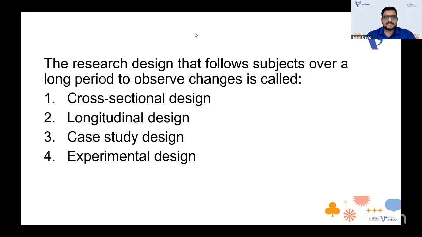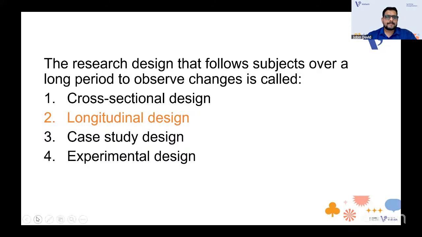So is it cross-sectional, or is it longitudinal, or is it case study, or is it experimental design? Yeah, the answer is longitudinal design because longitudinal design observes the changes for a long period of time. This is the research design. I told you longitudinal research is a different type. It follows the subjects over a long period to observe changes.